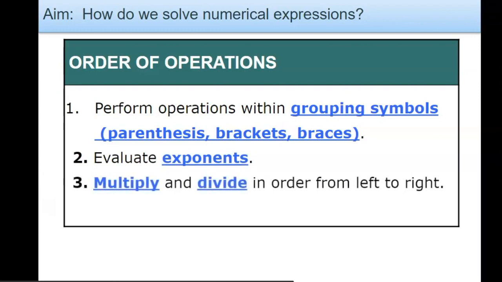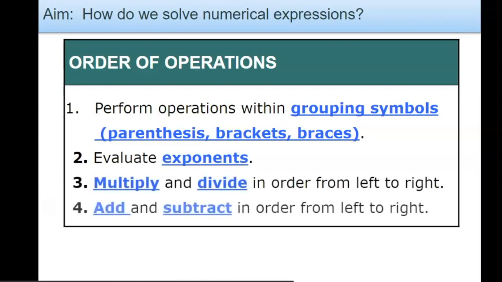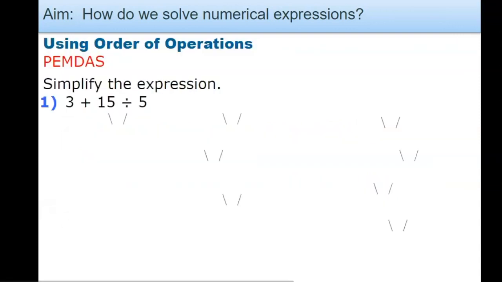Then we multiply and divide in order from left to right. And then we add and subtract in order from left to right. So grouping symbols, exponents, multiply, divide, add, subtract. So you have PEMDAS. Please excuse my dear Aunt Sally.